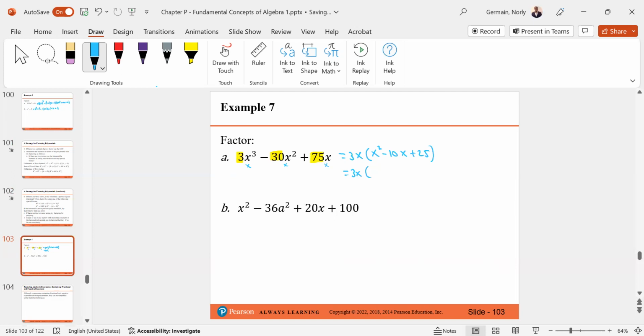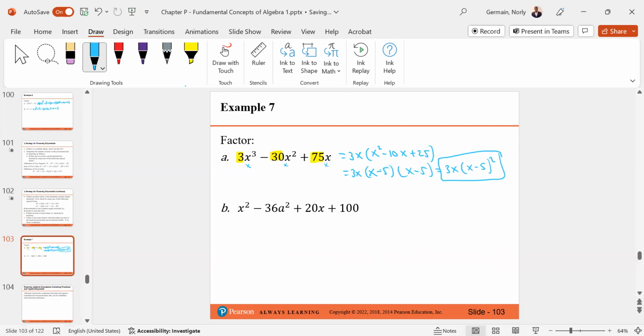Yes, it's negative 5 and negative 5. So you can factor x minus 5 times x minus 5. This is one of the techniques. But because both of them are the same, like a times a gives you a squared, we can do 3x times x minus 5 to the power 2.